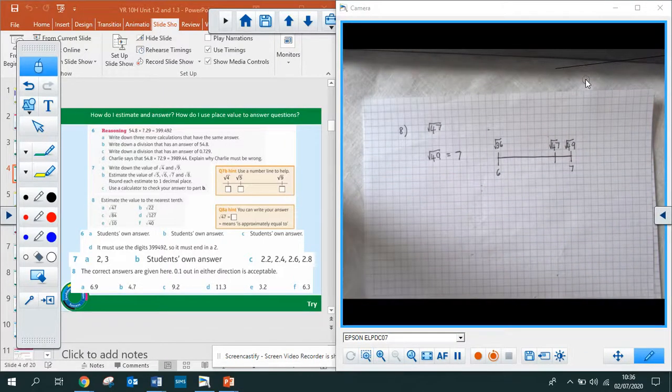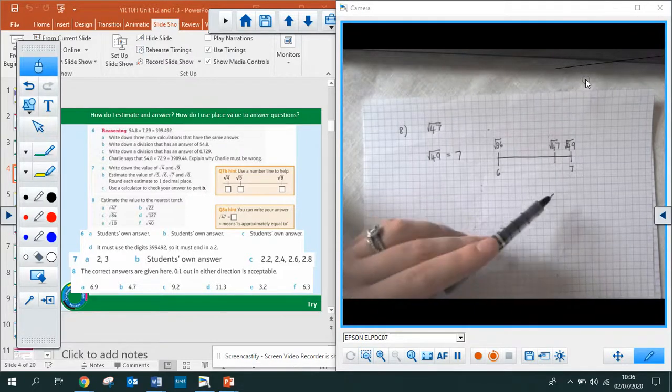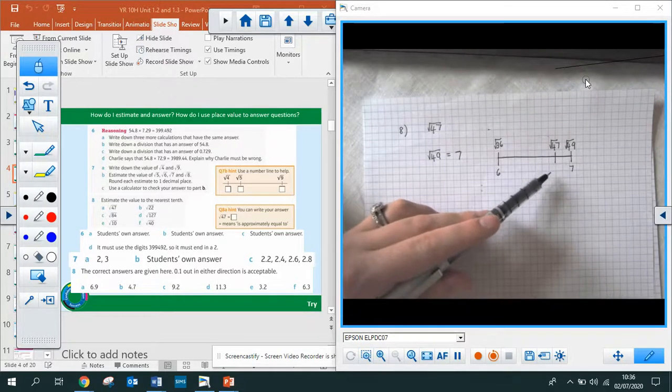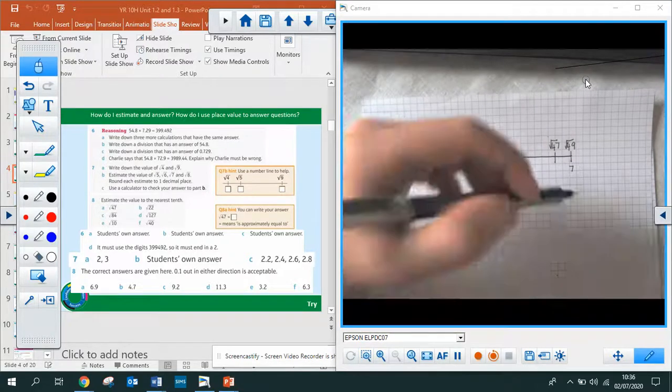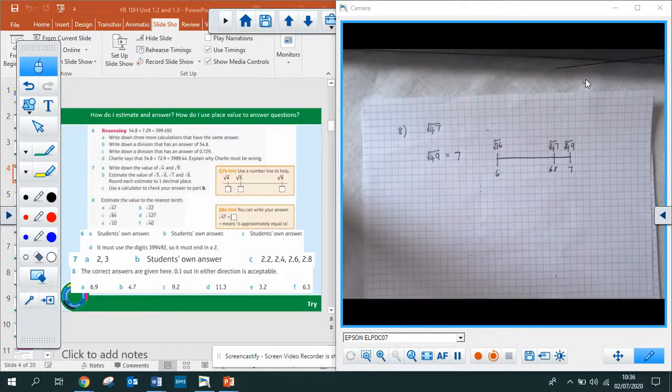It's going to be high in the 6s, isn't it? So you needed to give a sensible estimate for root 47. I would say it would be very close to 6.8, 6.9. Let's go for 6.8 because we've got a 48 in between. So I'd go roughly to 6.8.